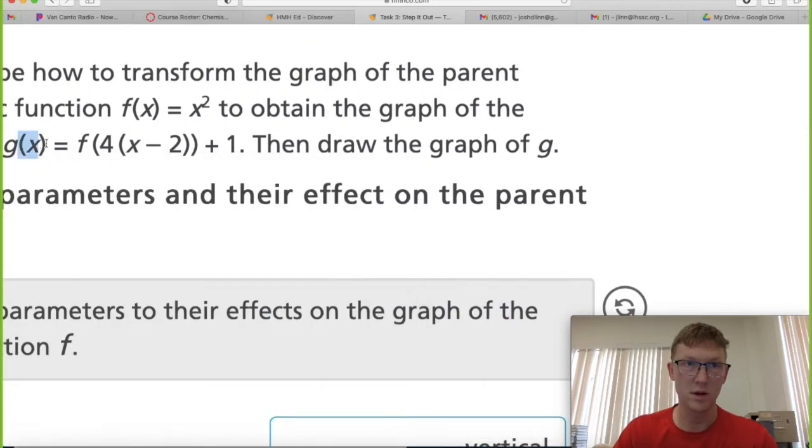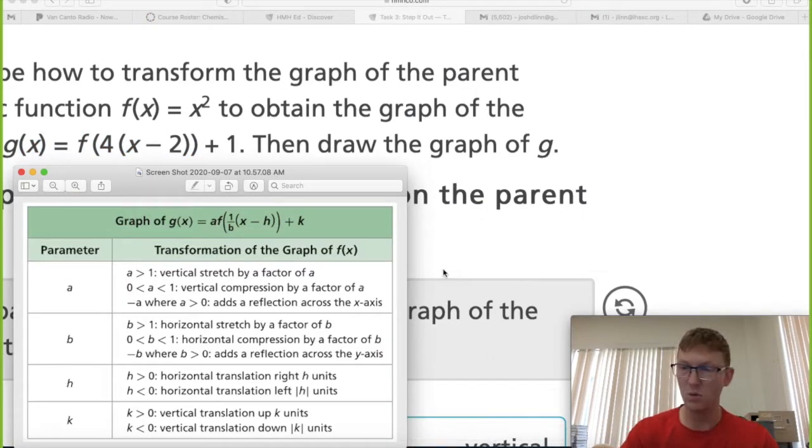So there it is right here, and away we go. There is no number in front, so what does our a equal? If you said 1, you are correct. If you said 0, you are wrong. Sorry. So our a equals 1.